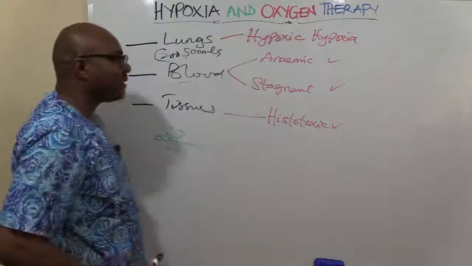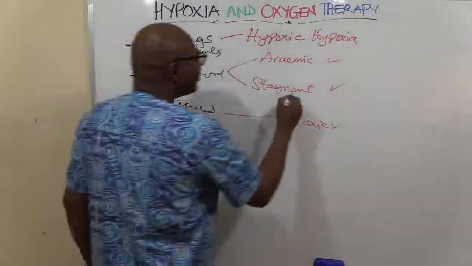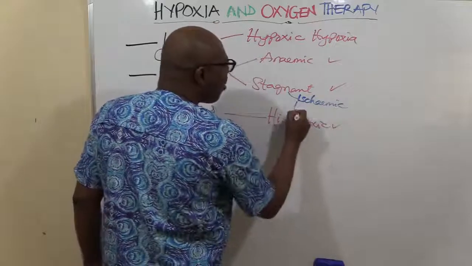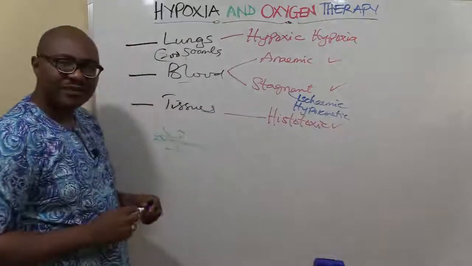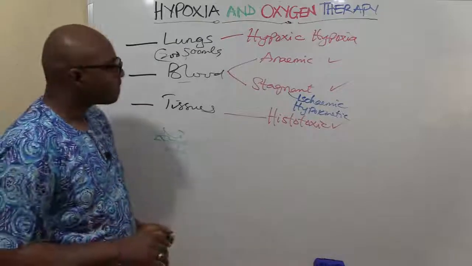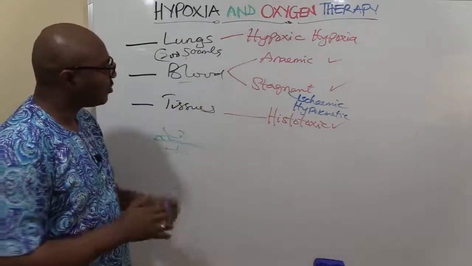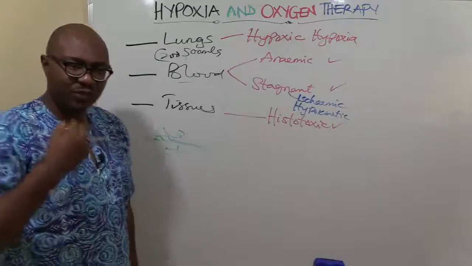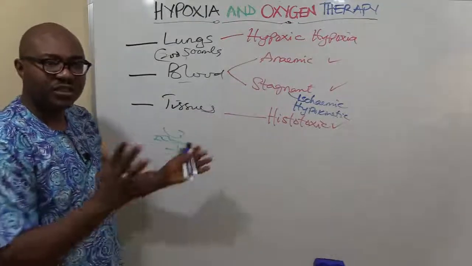Then the next one now is stagnant hypoxia. This one has another name. It's also known as ischemic hypoxia or hypokinetic hypoxia. Do you understand that now? Now, what's happening? Kinetic, movement. Even if you have enough oxygen carrying capacity and all of that, the blood is not flowing well at the normal velocity that it should flow to all the tissues.